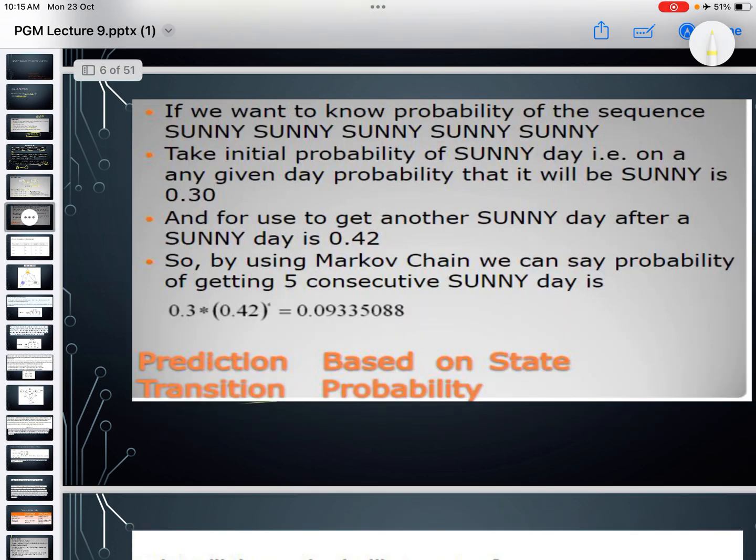If you want to know the probability of the sequence sunny, sunny, sunny, sunny, sunny, so you have 1, 2, 3, 4, 5 times sunny. Take the initial probability of sunny: on any given day, the probability that it will be sunny is 0.30.